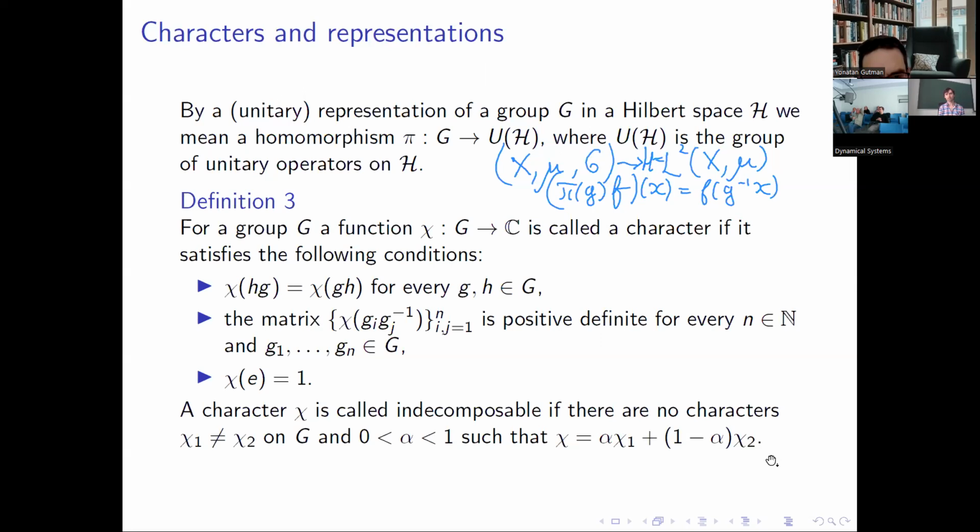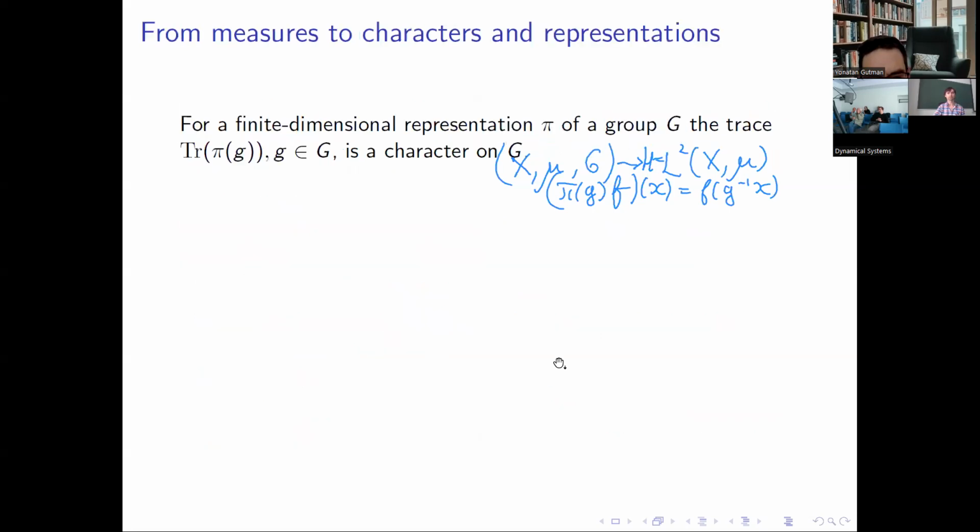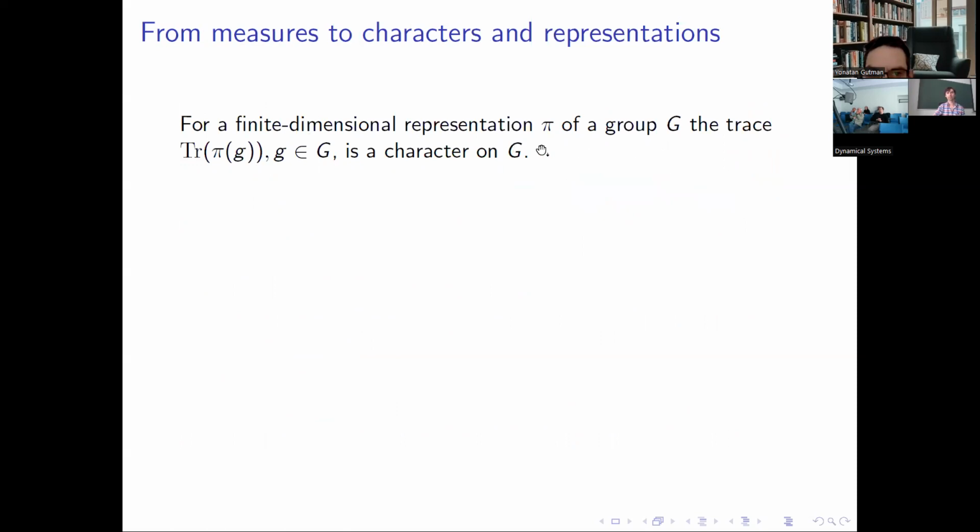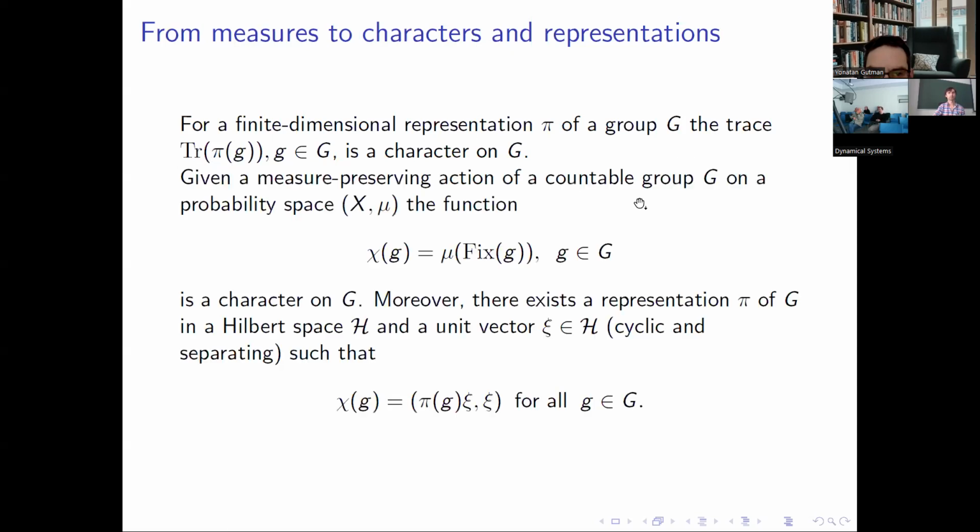So basically, it means that chi is an extreme point in the space of characters. A basic example of a character: given a finite dimensional representation pi of a group G, we can consider just the usual matrix trace of pi of g, and this would be a character on G.